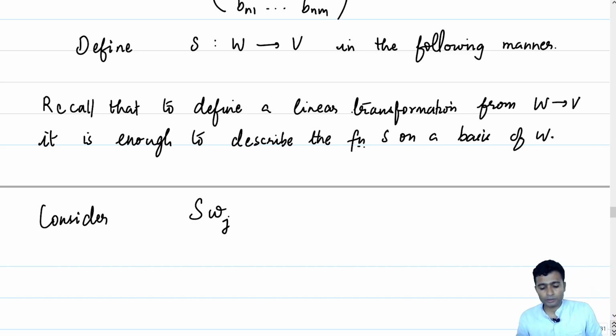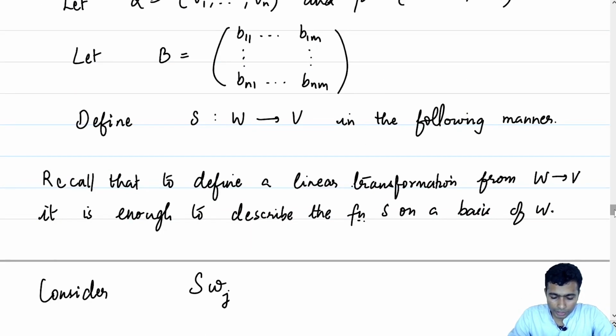This is how we would like to go about defining our linear map S. But what would S of Wj be when we know that the matrix of S should be B?